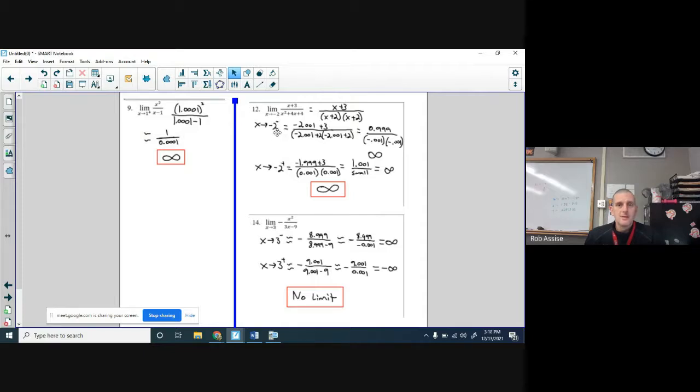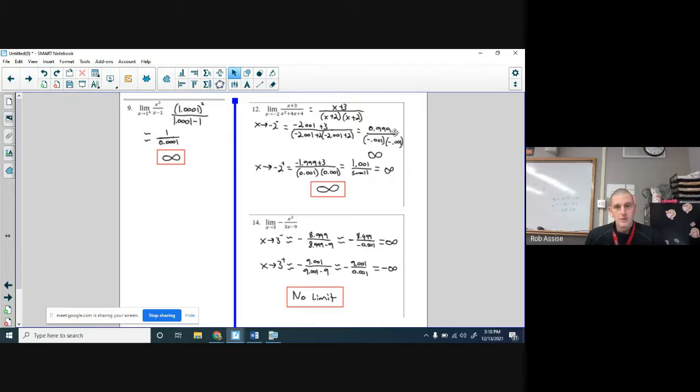So -2 from the left, with this scenario where we have a vertical asymptote at -2, we would go ahead and plug in -2.001. Okay, that's close to -2, but on the left side of it. On the right side of it, we would use -1.999.